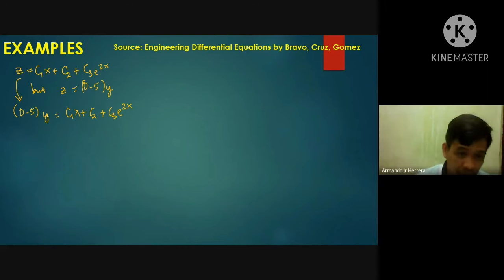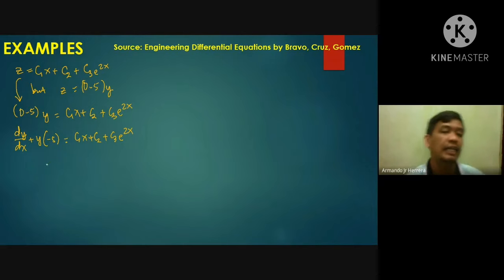So again, converting into our general form, this is dy/dx plus y multiplied by negative 5 equals C1x plus C2 plus C3 e to the 2x. So this is again a linear differential equation of dependent y na.